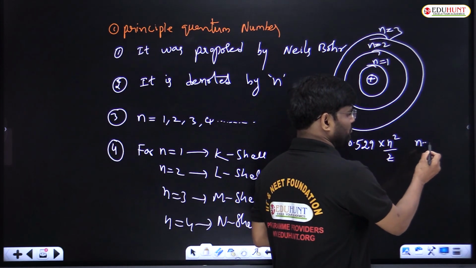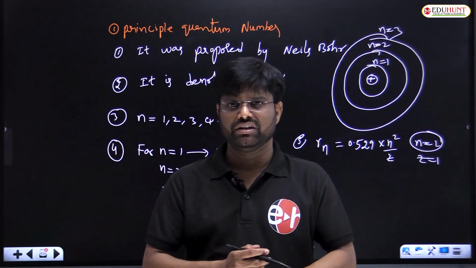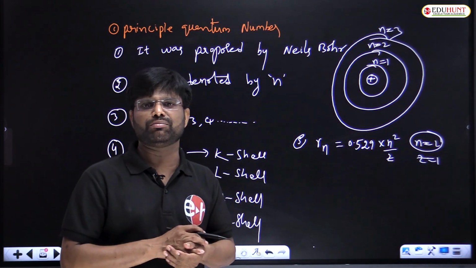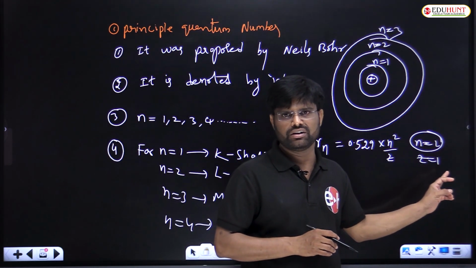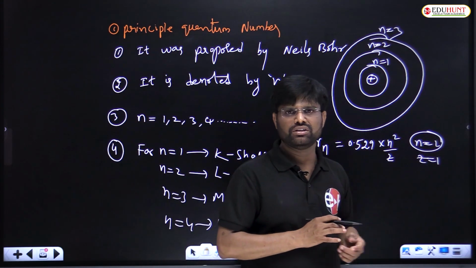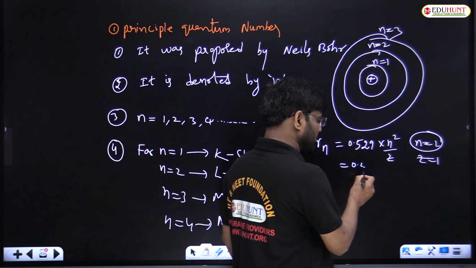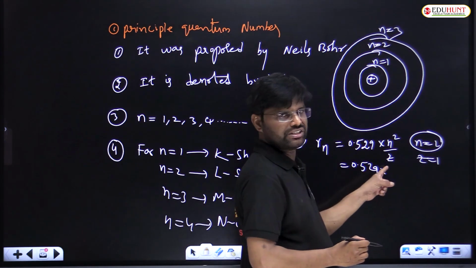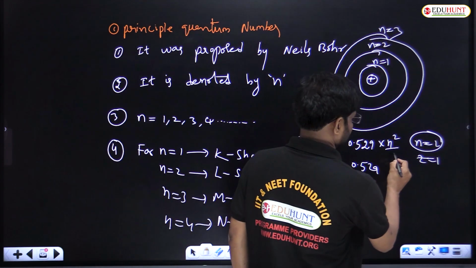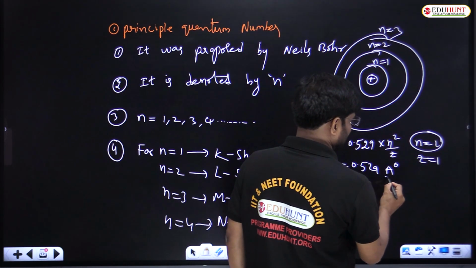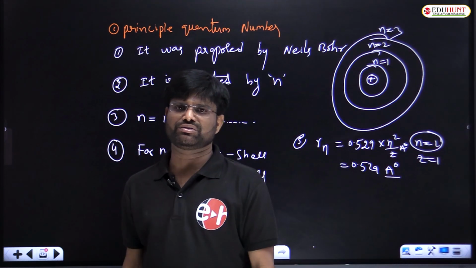Suppose n is equal to 1, the first orbit. According to Bohr's theory, it is applicable only for a single electron, so Z is equal to 1, atomic number 1. So 0.529 into n square by Z means 1 square by 1, which is 1. The unit is angstroms, so 0.529 angstroms for the first orbit.